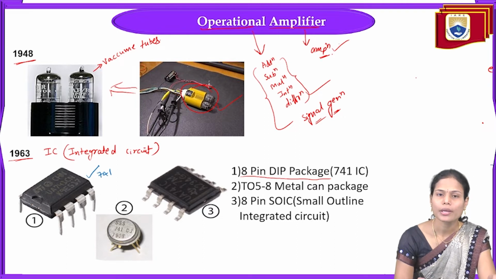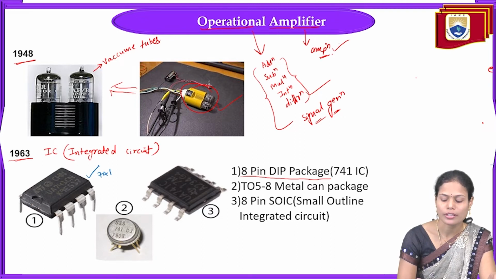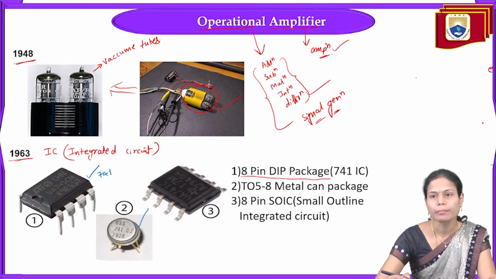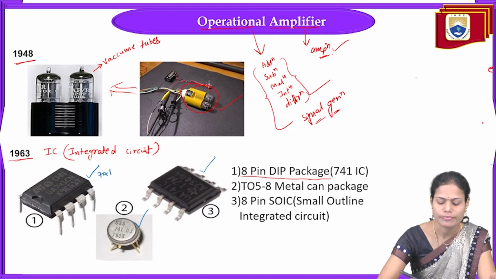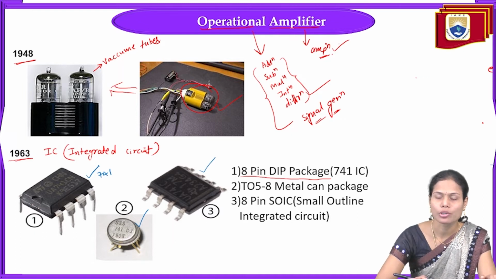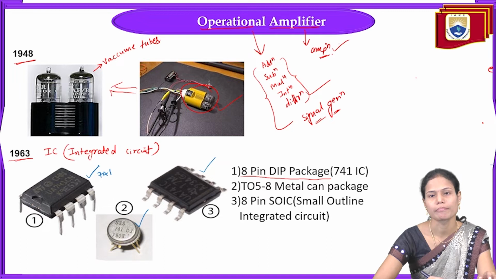The second type of operational amplifier is the TO58 metal can package, that is this one. And next, the 8-pin small outline integrated circuit, so that is this one. So this operational amplifier is available in three different packages: the DIP package, the SOIC package, or the metal can package.